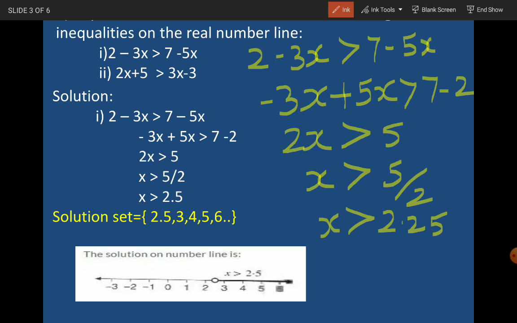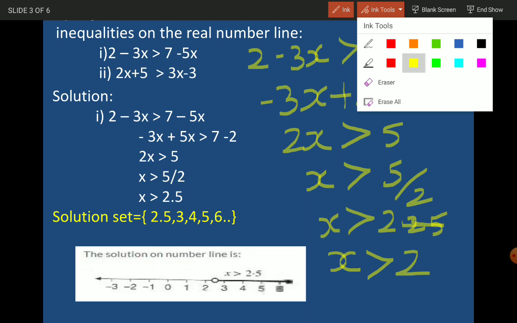See, this value is a decimal value. If we compare, this value is nearer to 2, greater than 2. So we write the solutions starting from 2.5.